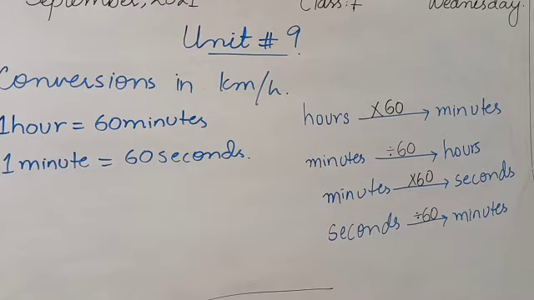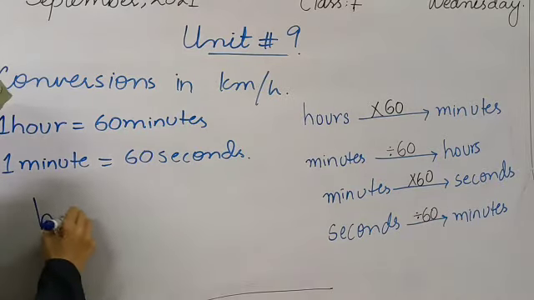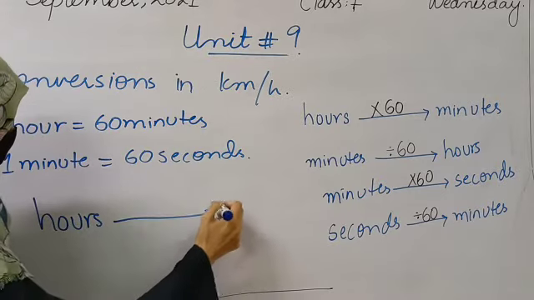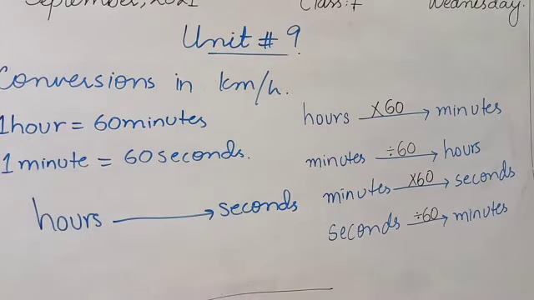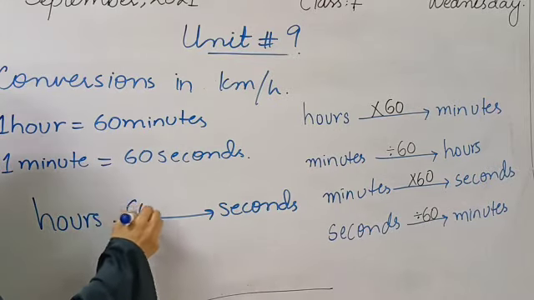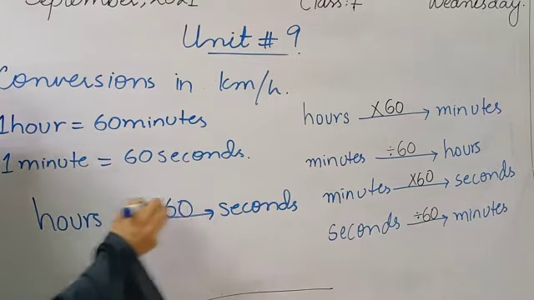Now if we want to go from hours directly into seconds, what should we do? 1 hour contains 3600 seconds, 60 minutes and 60 seconds each.